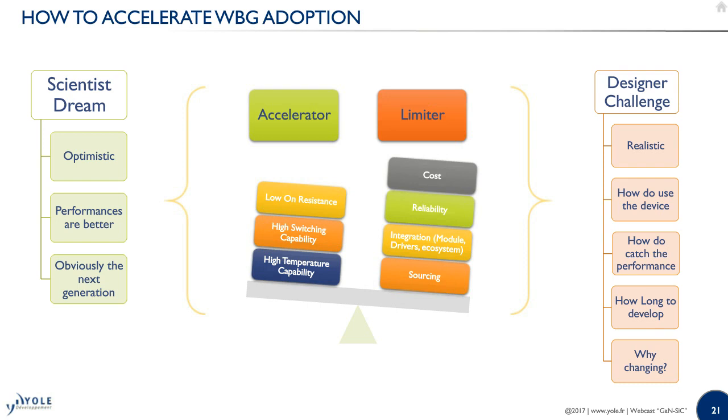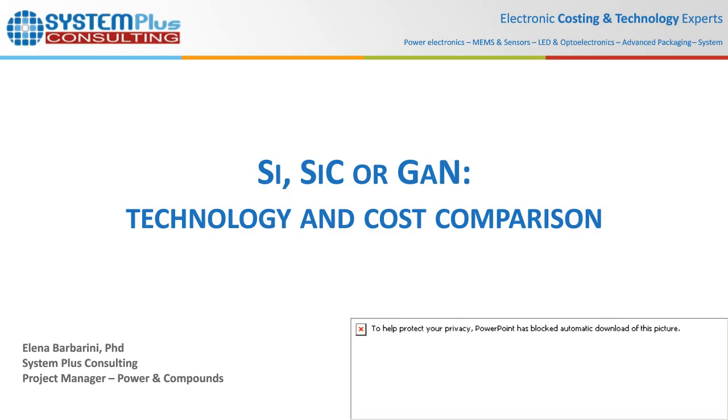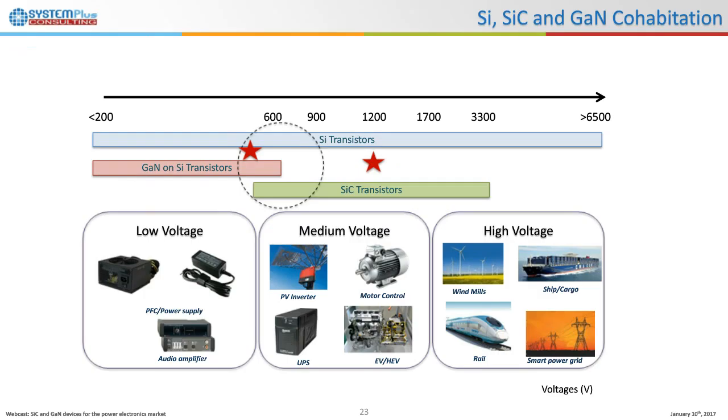So, as Camille said, I will present a comparison of different components from silicon and silicon carbide, and then a comparison between silicon carbide and gallium nitride. My presentation will focus mainly on two ranges of voltages.